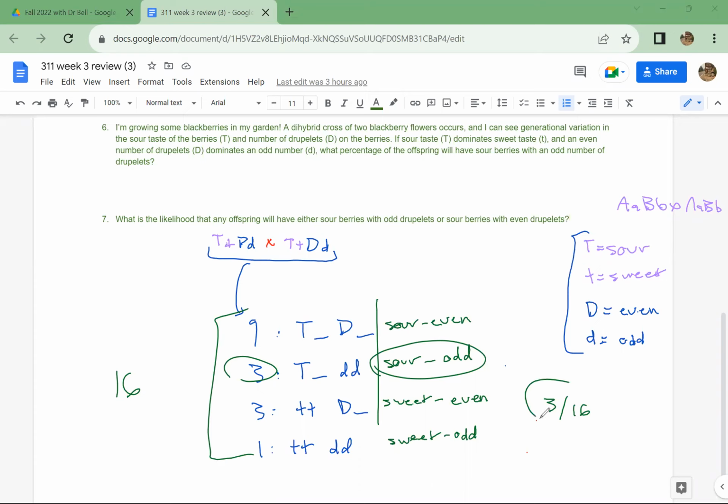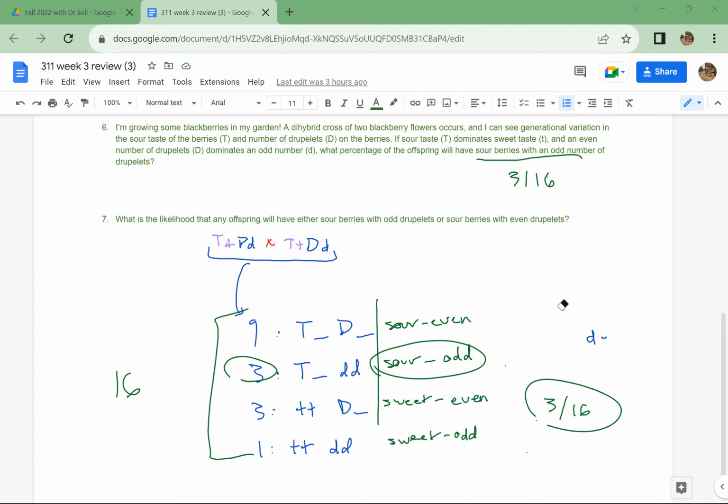This probability was the probability of having sour berries with an odd number of druplets, 3/16. And so we want to know the likelihood that we have offspring with either sour berries with odd druplets or sour berries with even druplets.